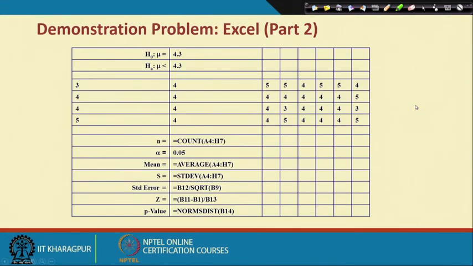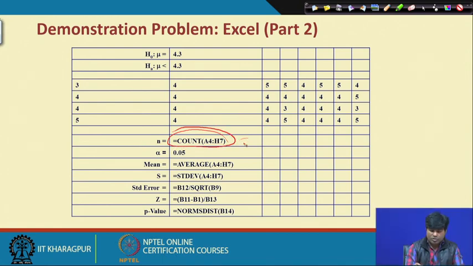This is an Excel spreadsheet, and either you calculate separately and report, or you just enter the data and then go to this structure. Here you just put the Excel command. Obviously the answer for the count will be 32 here, and alpha is fixed here.